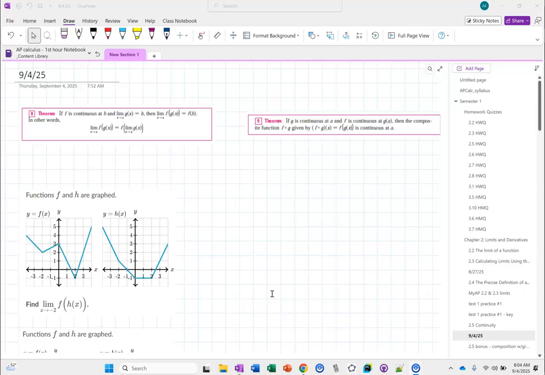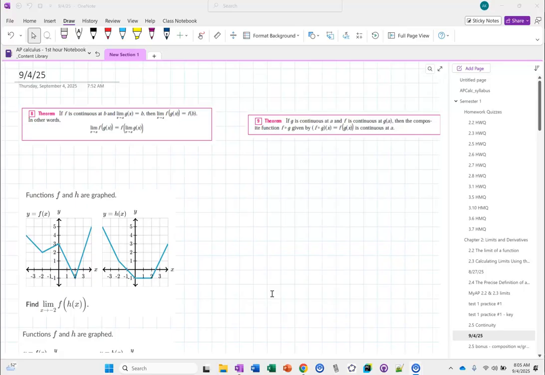Really the reason theorem 9, where if I compose two continuous things the result will be continuous as well, is important to us is because if the function is continuous, that composition, I can just do a direct substitution, right? We saw that if you're continuous at a point, then the limit is equal to the function value. So that's why that piece is up there.